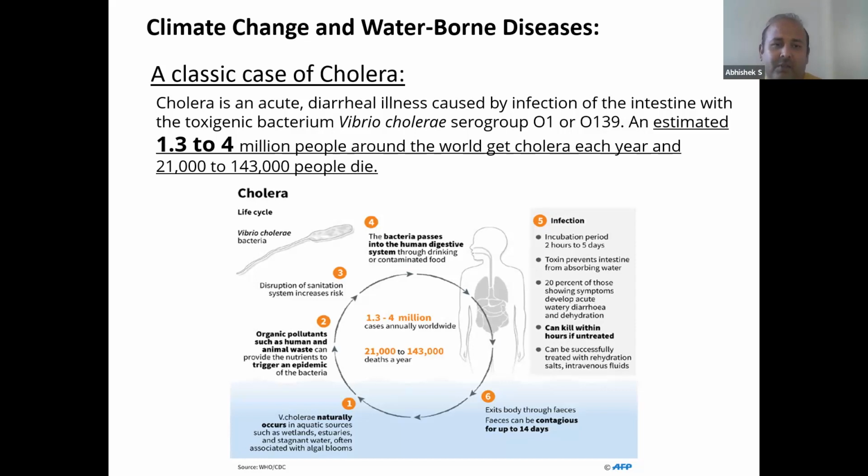If you have contaminated water in which Vibrio cholerae, the bacterium for cholera, is present, then due to floods and poor sanitation conditions, the water becomes too polluted with this kind of bacterial disease, and ultimately, as people start suffering after a few days of flood due to water contamination with cholera bacteria. So this is a classic case of how climate change and floods related to climate change can increase the risk of your diarrheal diseases.